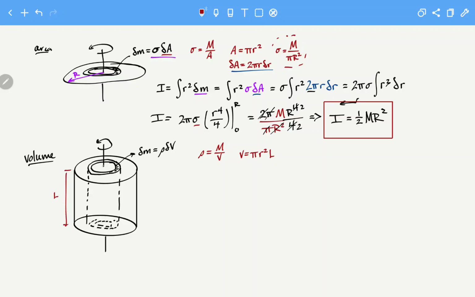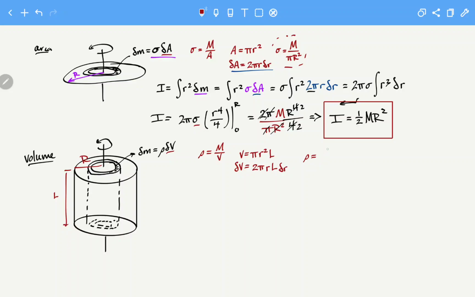And again, this would be our radius. All right, so that's our volume. So we're going to need to know dV. So dV is equal to 2 pi r L dr. And so then if you say, well, what then is our density truly equal to?